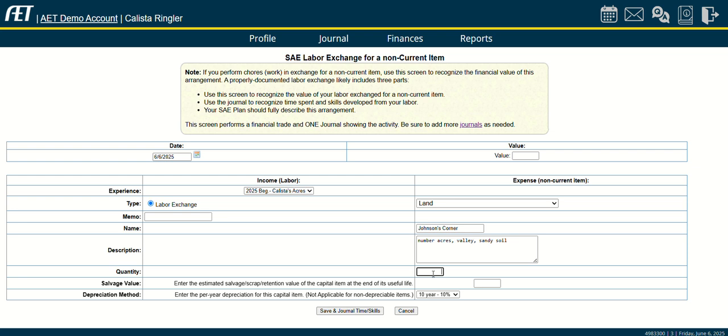Quantity, again, you're saying how many acres that is. So maybe I'm just doing 10 acres here. And then the estimated salvage value, which is based on the depreciation method.